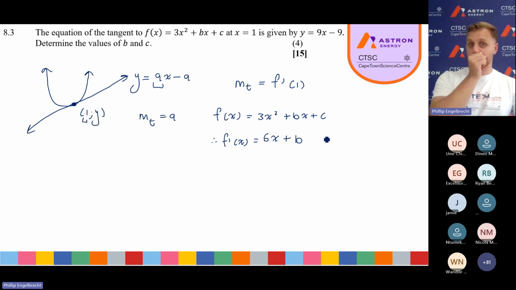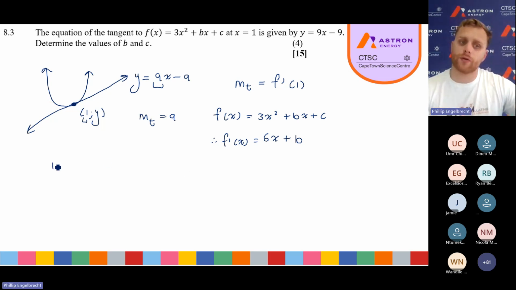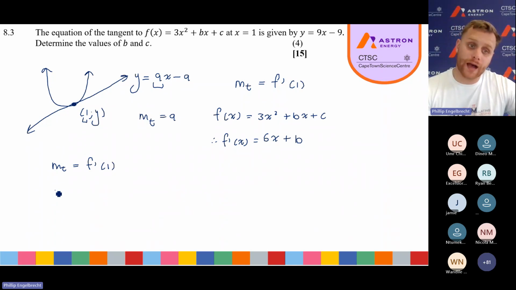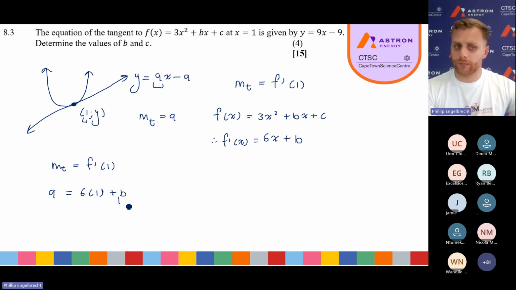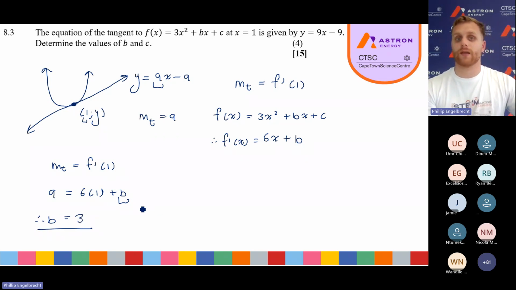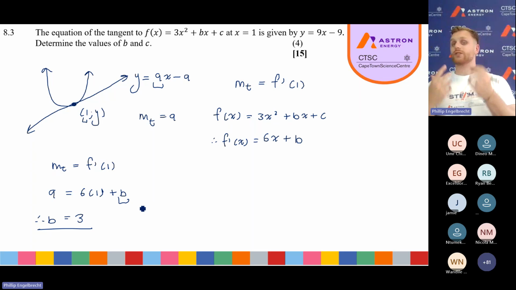So now I know that the gradient of my tangent is equal to the first derivative when x is equal to 1. So therefore, that means that 9 is equal to 6 times 1 plus b. And you solve for b, you get b on its own, and therefore you get that b is simply equal to 9 minus 6, which is 3. So I have b already. Now I just need to find c.